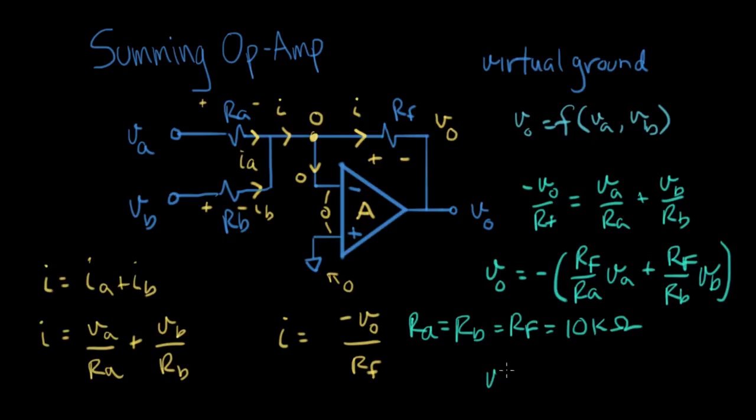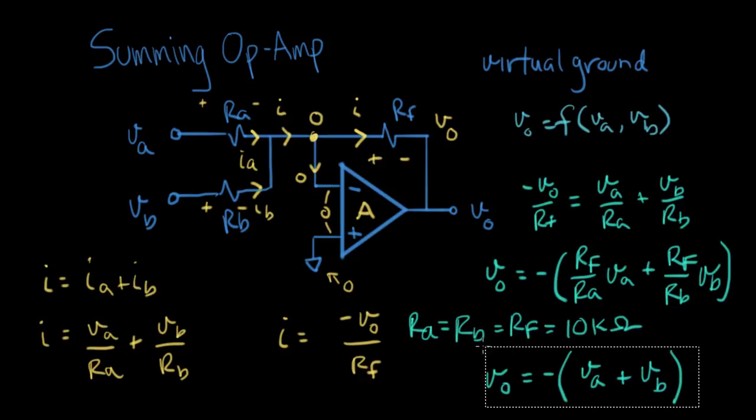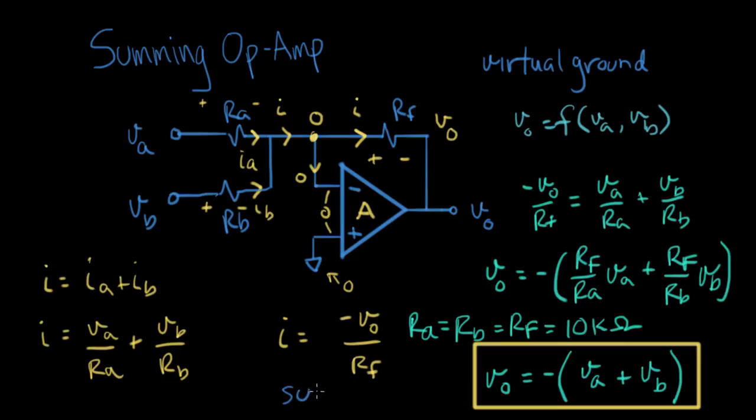Now we have V out equals, we still have the negative sign, so this is some sort of inversion going on here. RF over RA is 1, so it's just VA. And RF over RB is 1, so this says VB. This is what gives us the nickname for this circuit, which is called a summing op-amp.